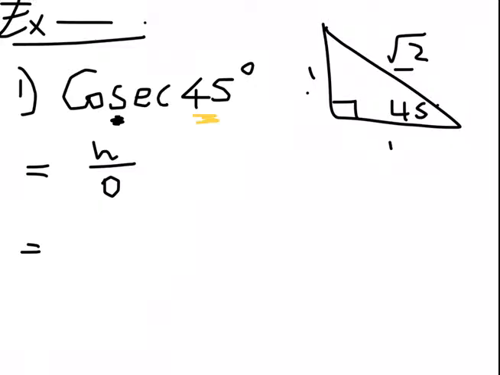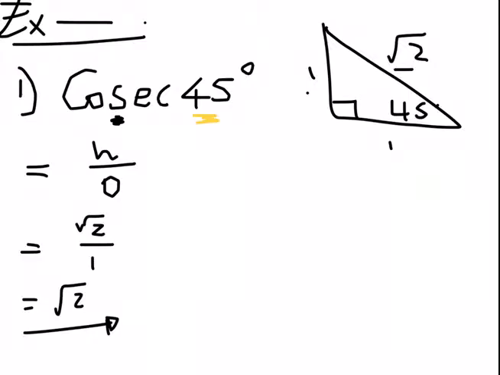Yes, it is drawn correctly. So that means our hypotenuse should be square root of 2 over opposite being 1, and this is supposed to be square root of 2 as an answer to that. Okay, then it's fine.